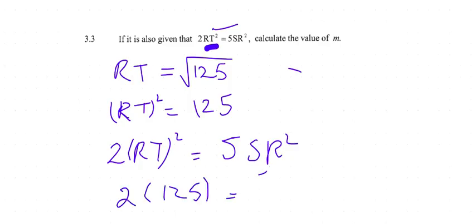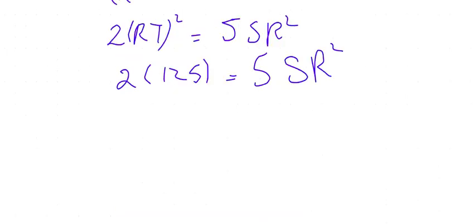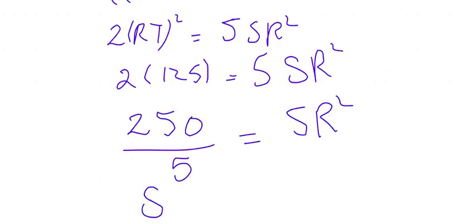I'm going to simplify the equation and I get 250 divided by 5 equals SR square. So SR square equals 50. Now we use the distance formula for SR square.